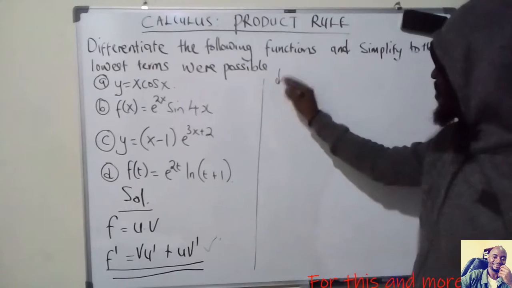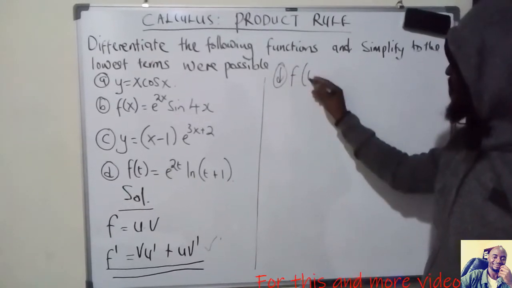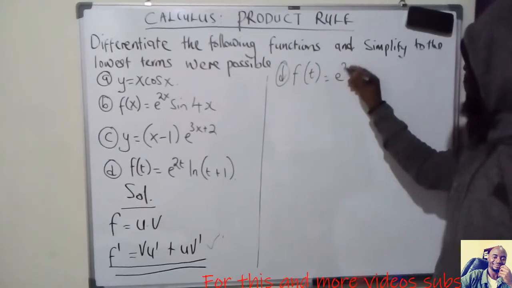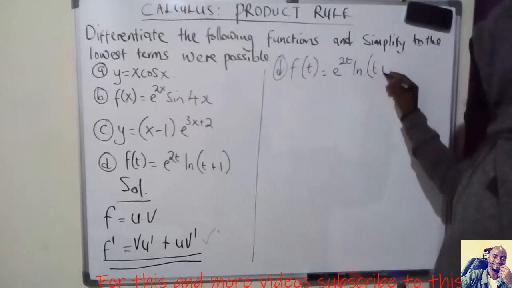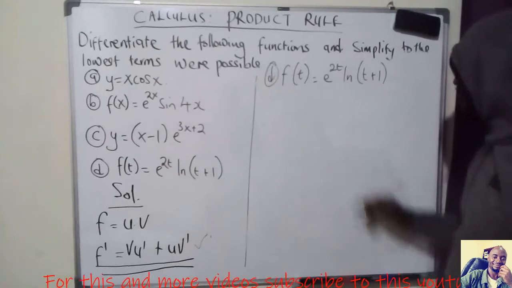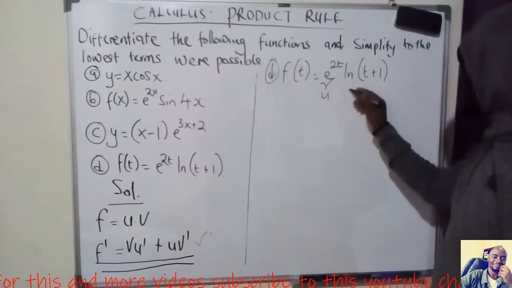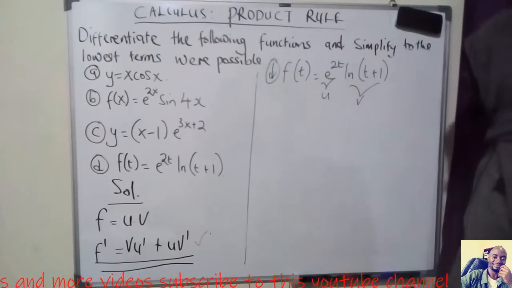So D, a function of t, is equal to e^(2t) ln(t plus 1). Again, you let this one be u and this one be v.